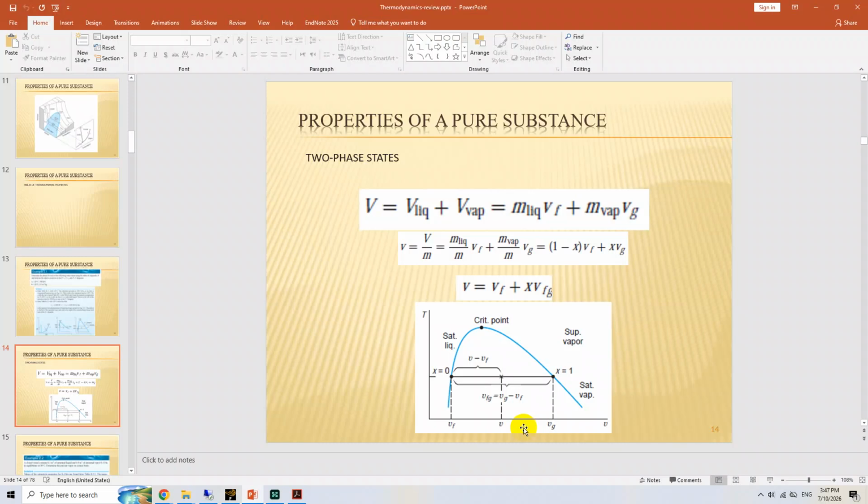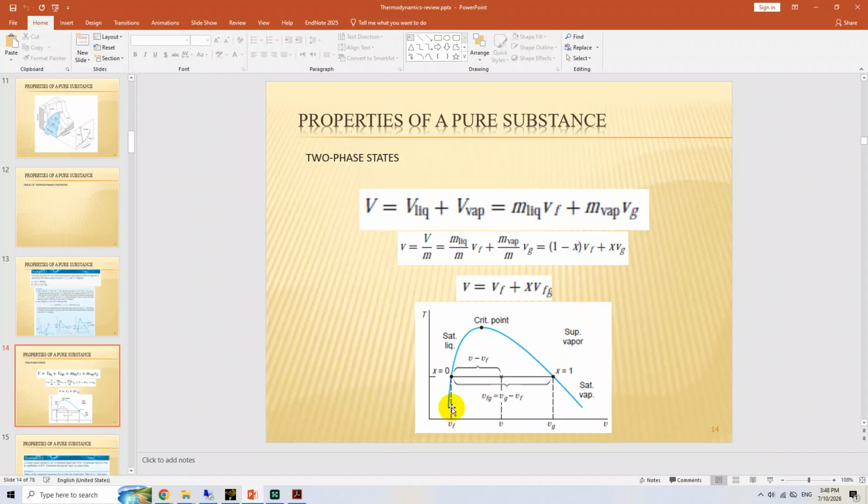Finally, the specific volume in the two-phase region is equal to the specific volume of liquid plus the quality x times nu_fg, which means the specific volume of vapor minus the specific volume of liquid.